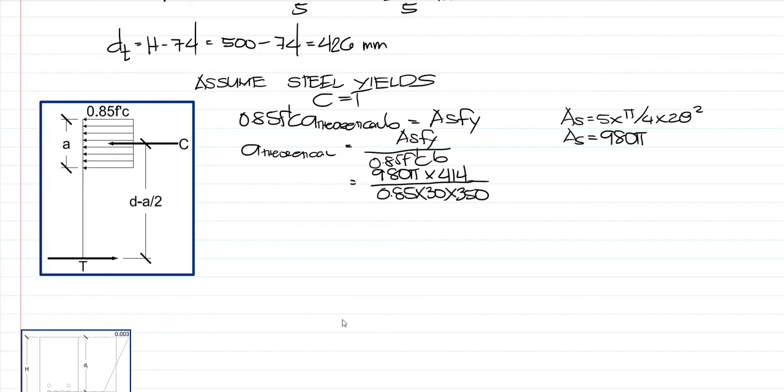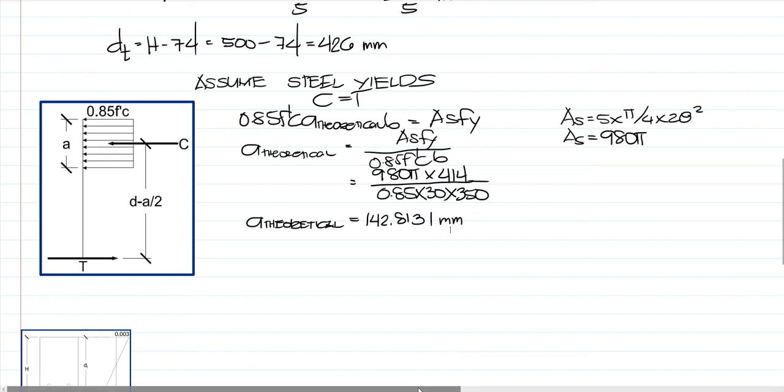So we have now a value of A theoretical equivalent to 142.8131. So that will be the value of our A theoretical.